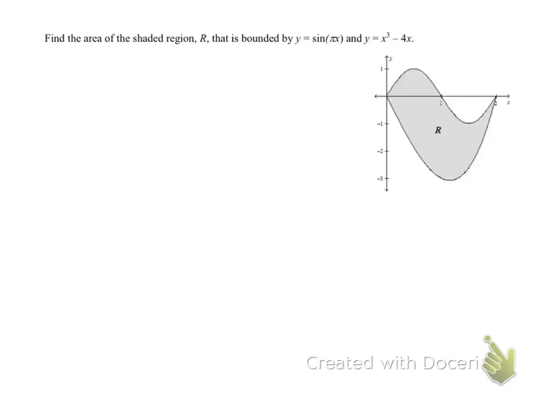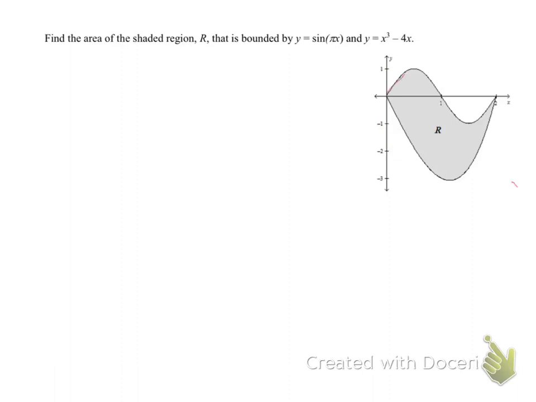Let's move on. So knowing this, we can find the area of the shaded region R, okay? This is where you have to know what these functions look like. You have to figure out which one is on top and which one is on bottom. Okay, so we have sine of pi x and x cubed minus 4x. Now, which of those is the top function?